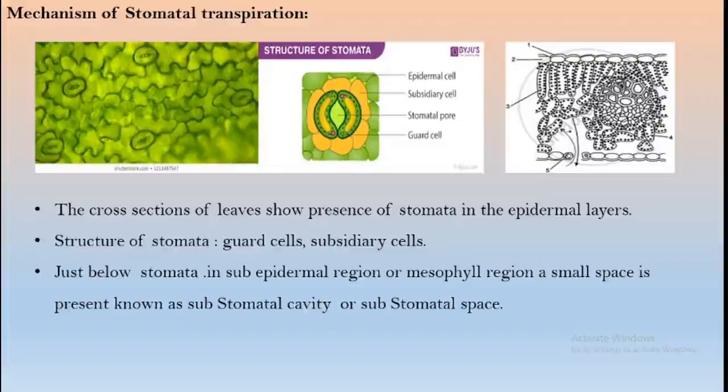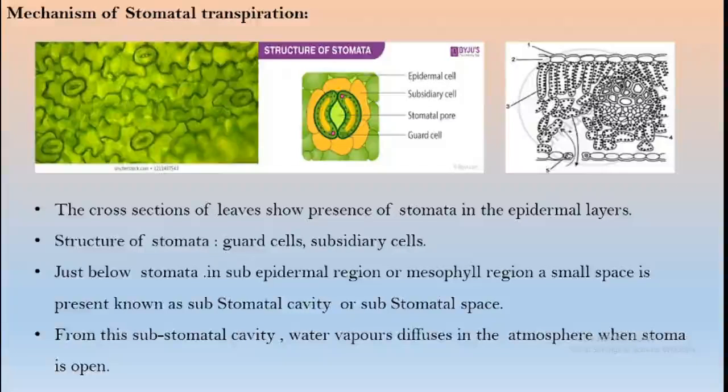Just below stomata, in the subepidermal or mesophyll region, a small space is present known as substomatal cavity or substomatal space. From this substomatal cavity, water diffuses into the atmosphere when stoma is open.